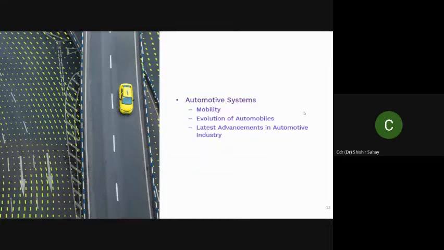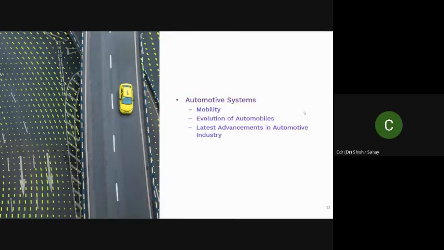The buzzwords right now in mobility, as we call it in the industry, ACES. A for autonomy, C for connected vehicles. We are talking about vehicles which are connected to each other, either using their own network or using the fixed network, right? E is electrification, right? And S is shared mobility.